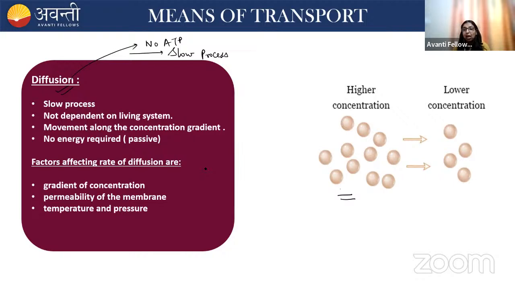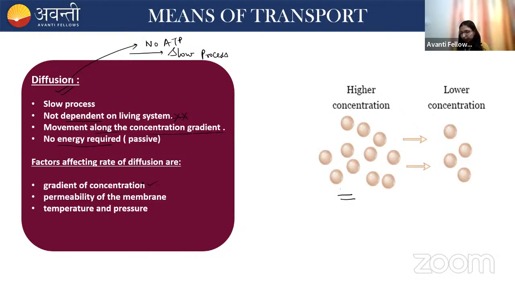If I say along the concentration gradient, that also means the molecules are moving from high concentration to low concentration. Diffusion is not dependent on a living system. Important point, remember this also. No energy is required. That is why diffusion is known as a passive process.